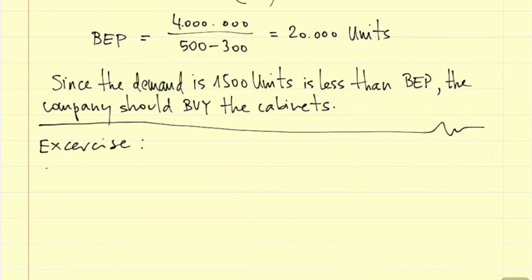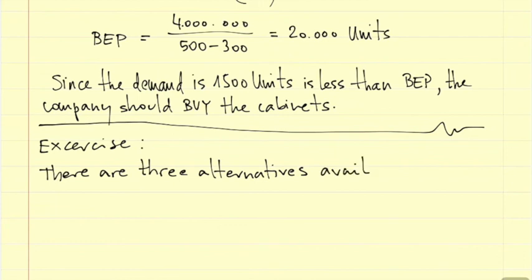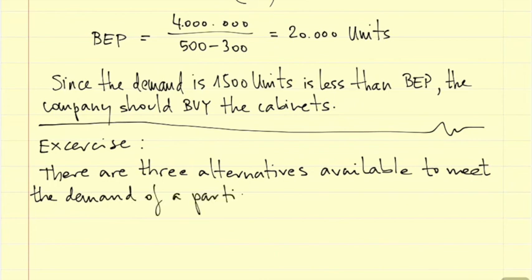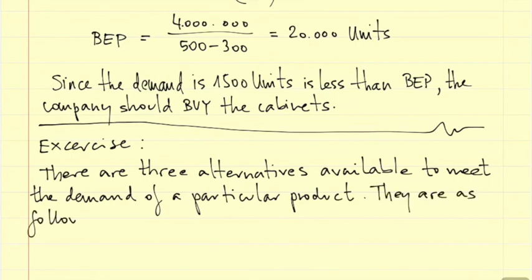There are 3 alternatives available to meet the demand of a particular product. They are as follows.